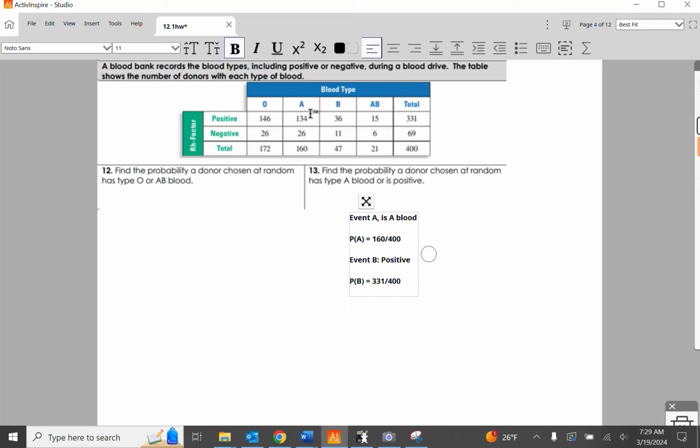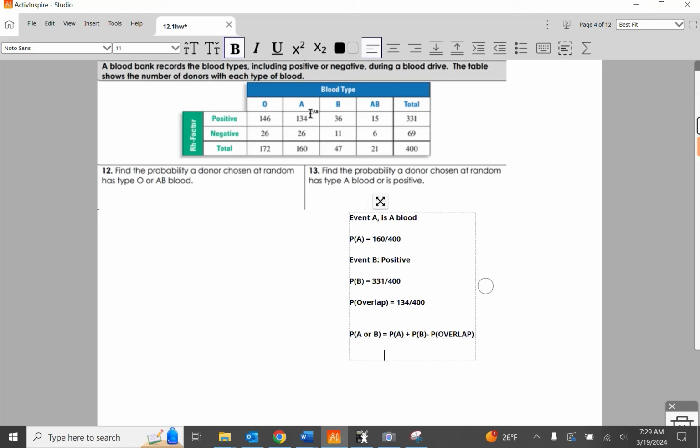It's right here. So let's talk about the probability of the overlap. It's 134 out of 400. So therefore the probability of events A or B is going to be the probability of A plus the probability of B, take away the probability of the overlap. Alright? That's the A and B part.